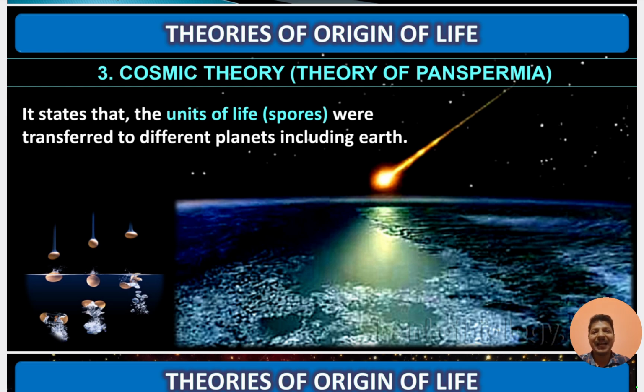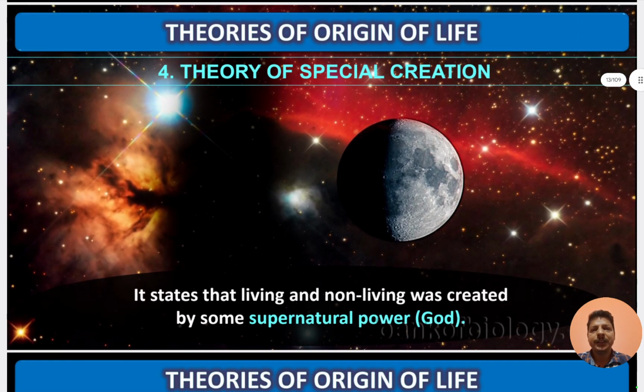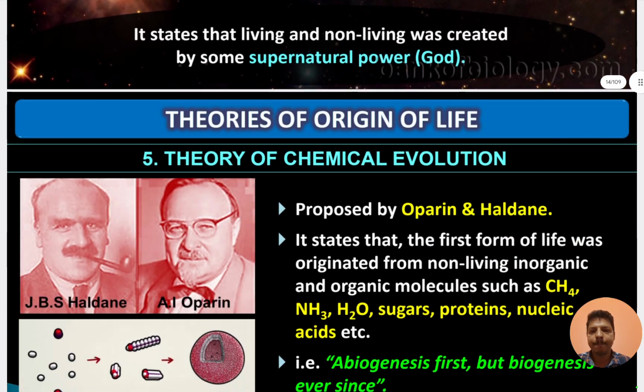Means all the life forms, all the biotic components like units of life like spores, they come from space to Earth and other planets. Theory of special creation. It states that living and non-living was created by some supernatural power, God. Many of us believe in God who made all our universe. This is theory of special creation.